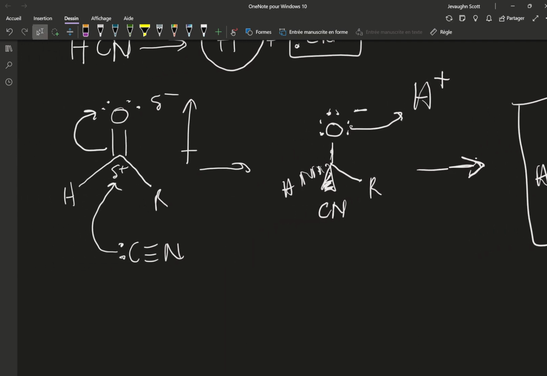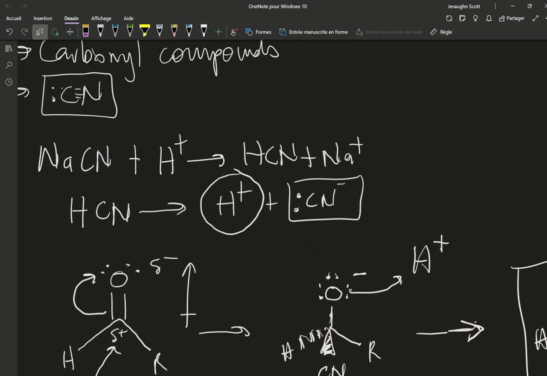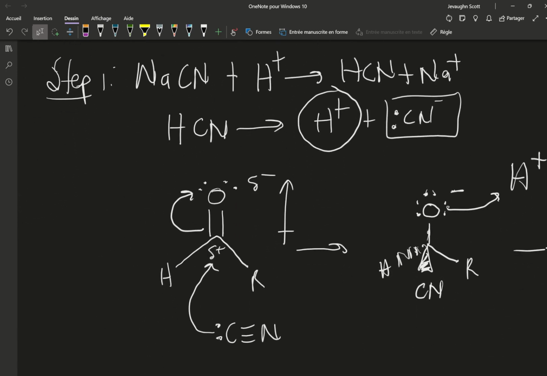Step 1 here would be the production of your nucleophile. Step 2 is looking at the creation of your dipole, the regions of partial charge that your nucleophile or electrophile would attack.